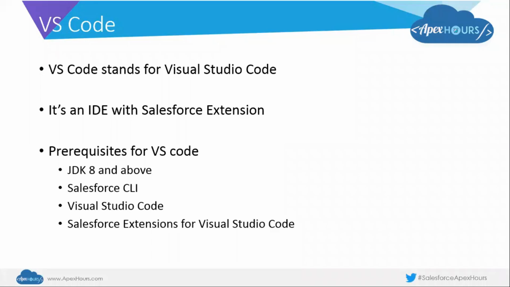After installing Visual Studio Code, you can go ahead and install the Salesforce extension for Visual Studio Code, right? Due to the time limit, I'm not going to show you how to install this, but I have provided the link to the installation with this PPT. You should be able to get it after this session.